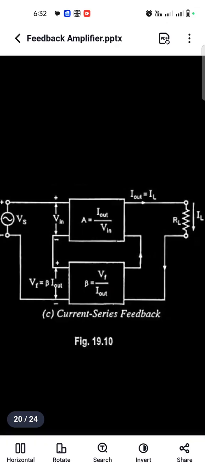So why do you tell this is a current series feedback amplifier? Current indicates the sampling network. Current is the first part, which indicates the output sampling network.